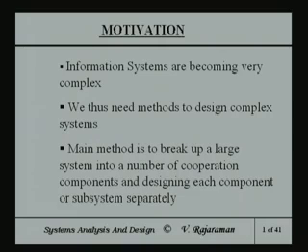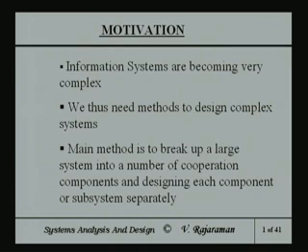And I said that information systems are becoming very complex. So we need methods to design complex systems. The main method is to break up a large system into a number of cooperating components and design each component or subsystem separately. Okay. And so the crux of the matter is the cooperating components.